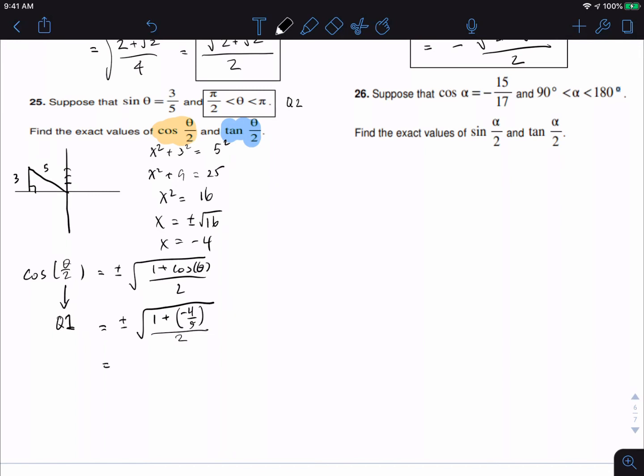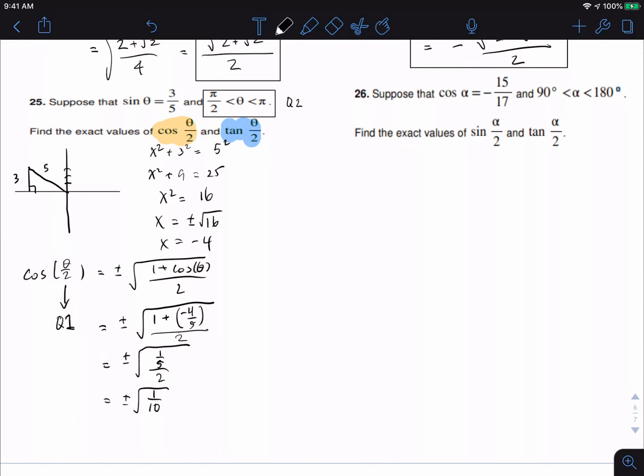So then we're going to get plus or minus the square root of 1/5 over 2, which is equal to plus or minus the square root of 1 over 10.